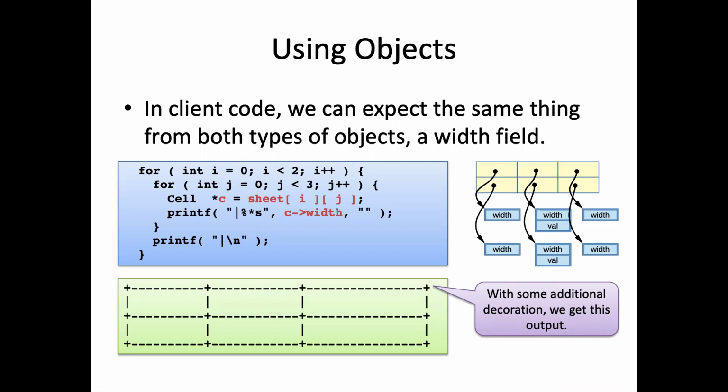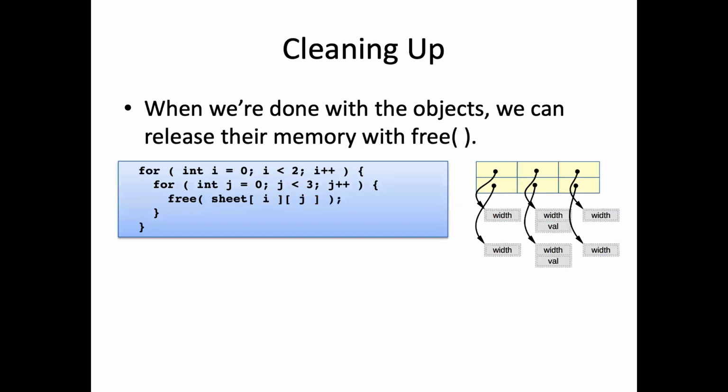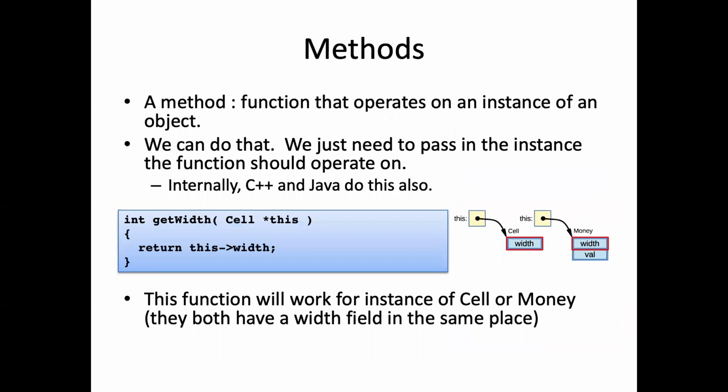I'm not going to let you directly access a field. So instead of just looking inside the object, it would be nice to have something that worked kind of like a method on the object. And even if that method just looked at the width field, at least we'd have a functional entry point for getting to the width rather than just having client code directly access the representation. So that's what we're going to do next.